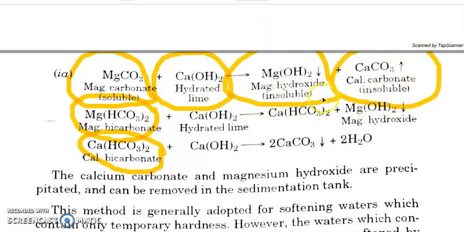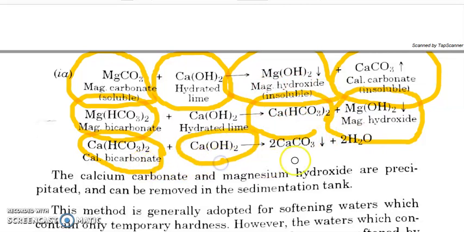Both are insoluble precipitates, so they can be easily settled out. Similarly, magnesium bicarbonate reacts with calcium hydroxide, and calcium bicarbonate and magnesium hydroxide are produced. And this calcium bicarbonate is going to once again react with the lime, or calcium hydroxide, and once again gets converted into calcium carbonate. So this also is precipitated.